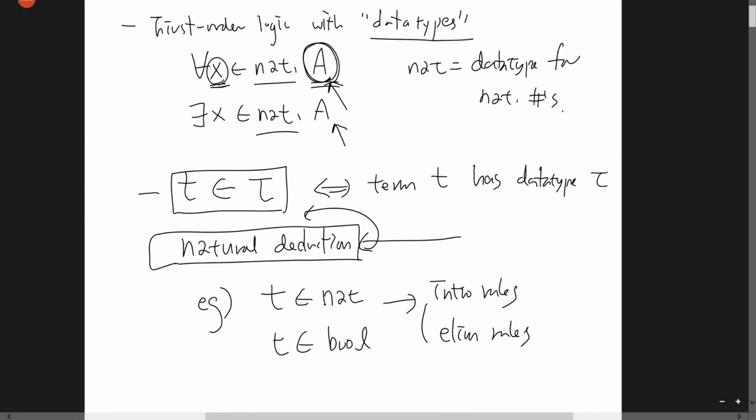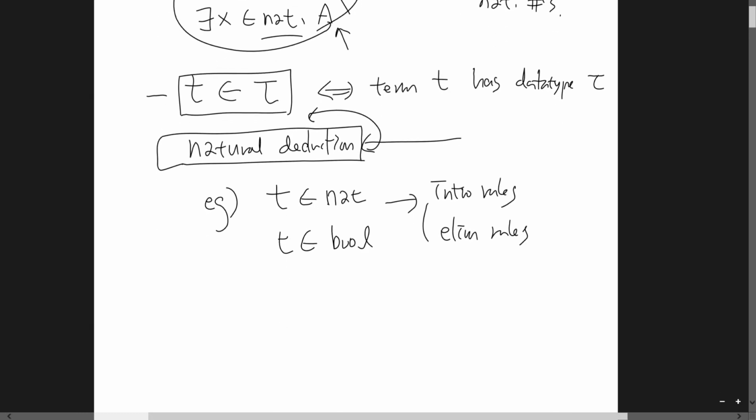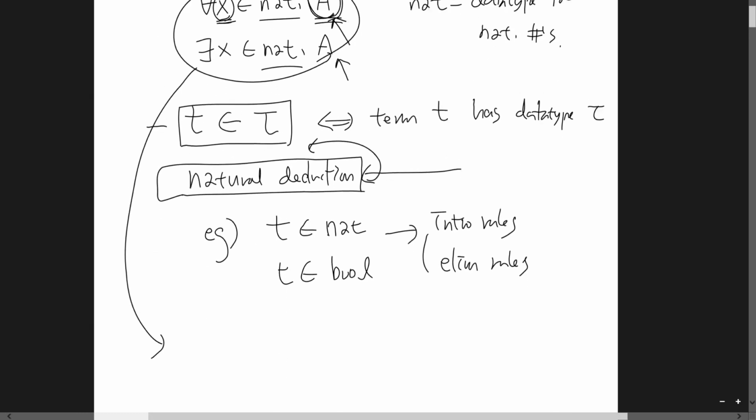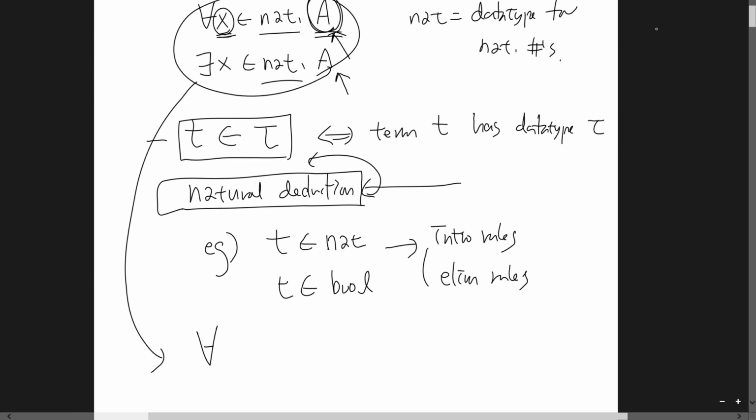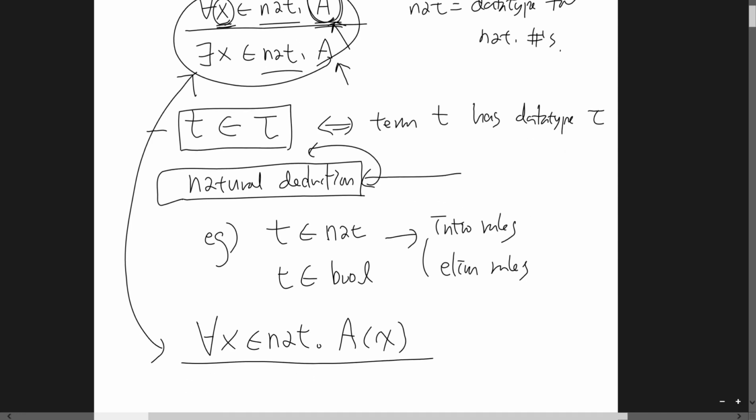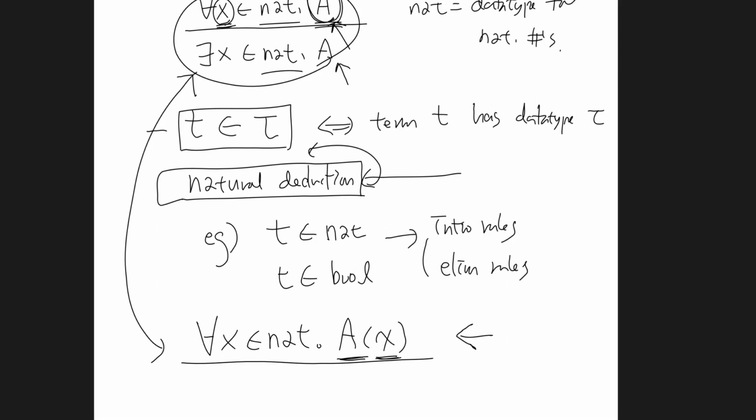So now, instead of this old notation, we'd like to use this notation, for all x in nat, A of x. So semantically, there's no difference between this one and this one. But this new notation indicates that this term variable x appears inside this proposition A. So it's much clearer than before.